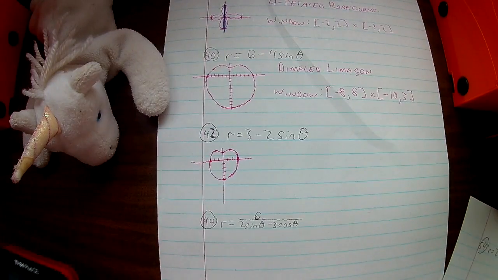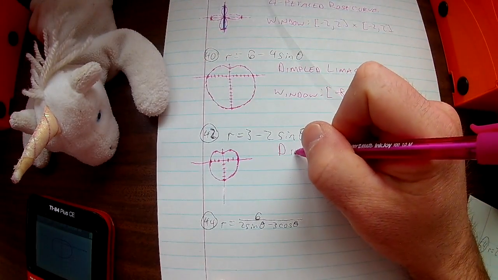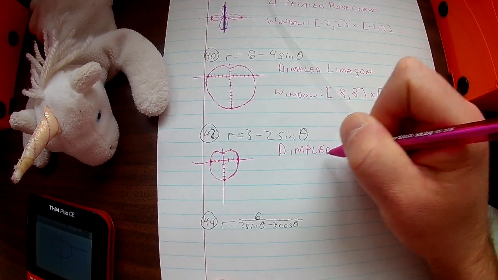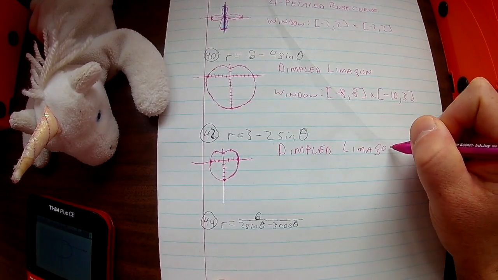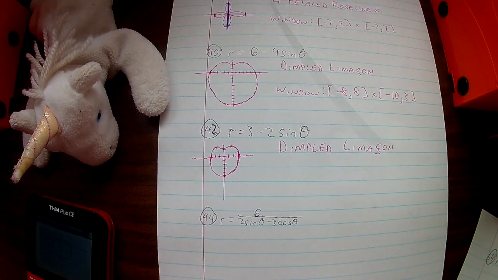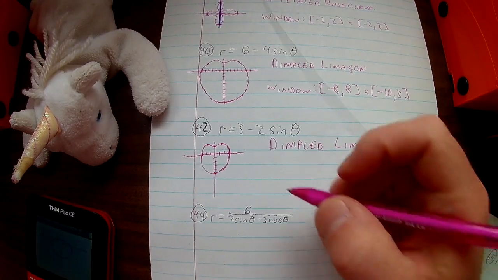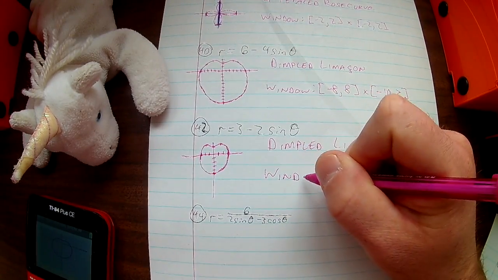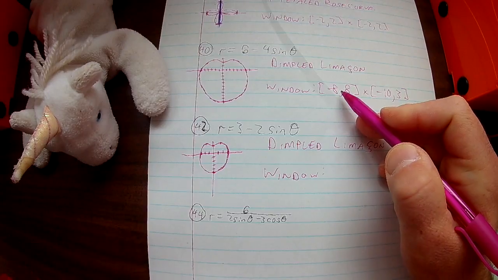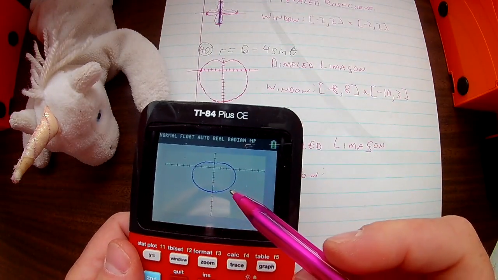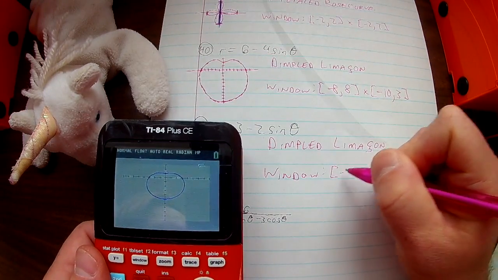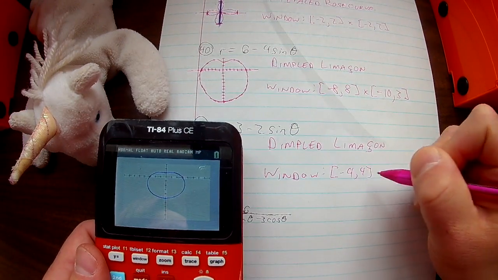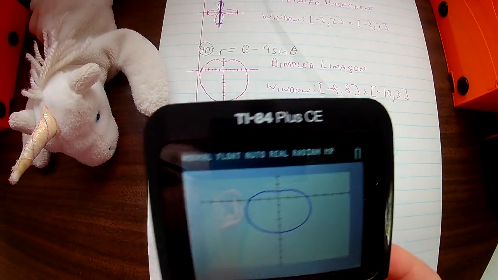Alright, there we go. There's my dimpled limaçon. I'm just going to say it is a dimpled limaçon. And I do not speak French, so again, that foot probably looks horrible to any French speaker or reader out there. And we can see, I mean, really, I used the same window as before, but just to drill that down a little bit, I could go from -4 to 4 to make this viewing window just a little bit better.